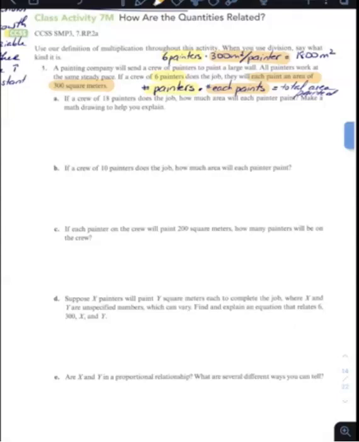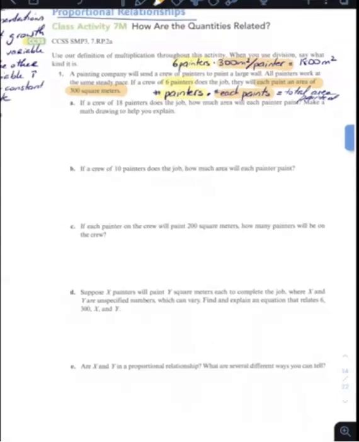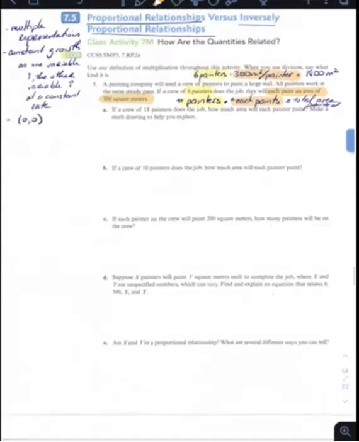Right, so we can actually make sense of this situation as the number of painters times the amount each paints equals the total area painted. So now there's multiplication going on in there. And if we have 0 painters, we'll have 0 total meters squared painted, right? Or if each painter paints 0 square meters, then there'll be a total of 0 square meters painted.